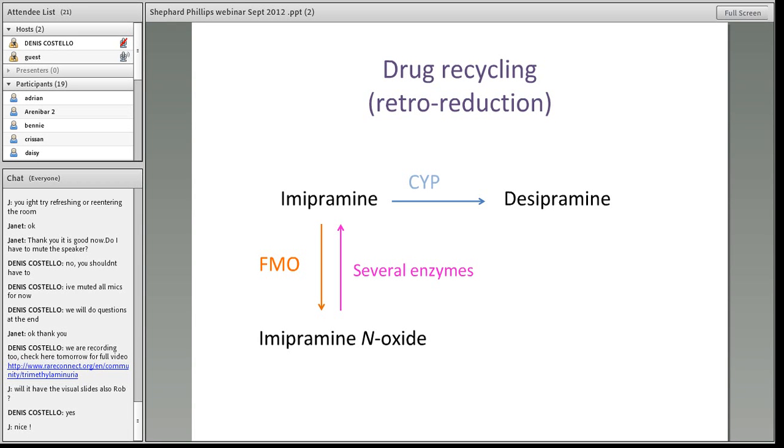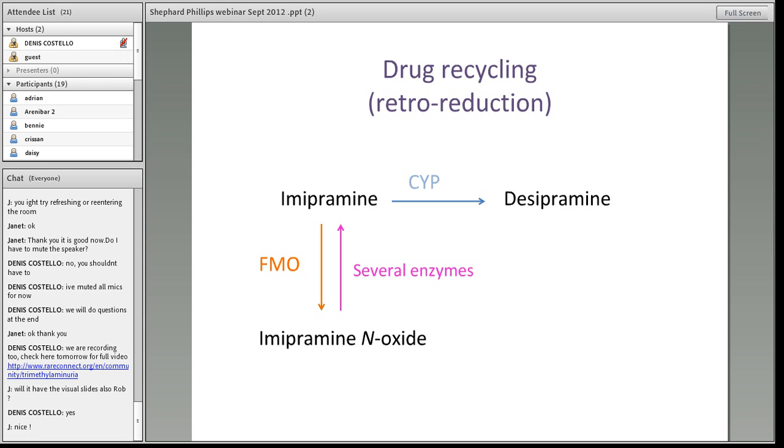So the story gets even more complicated when we think about FMOs and their drug metabolism and cytochromes P450, and we can have something that we call drug recycling. In technical terms, we call this retroreduction. So here we have imipramine going to desipramine through the action of cytochromes P450, and imipramine going to imipramine N oxide by the action of FMO.